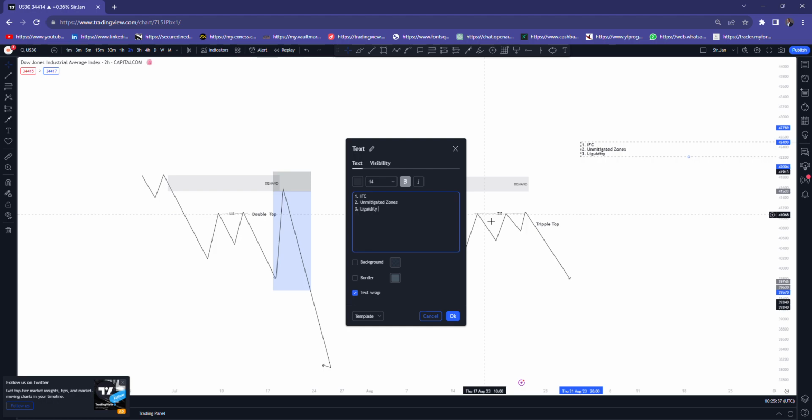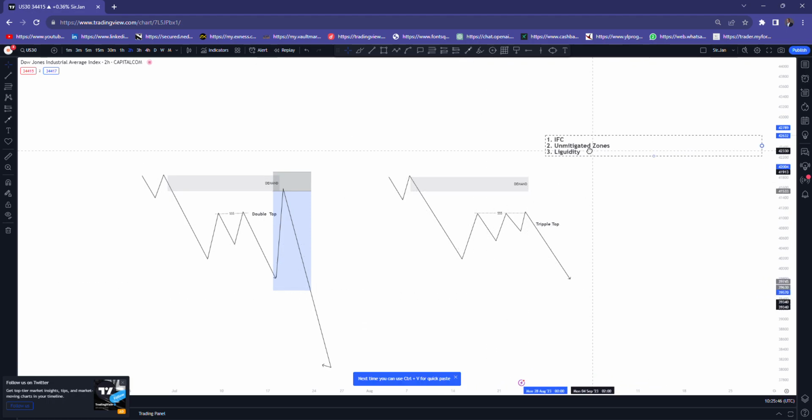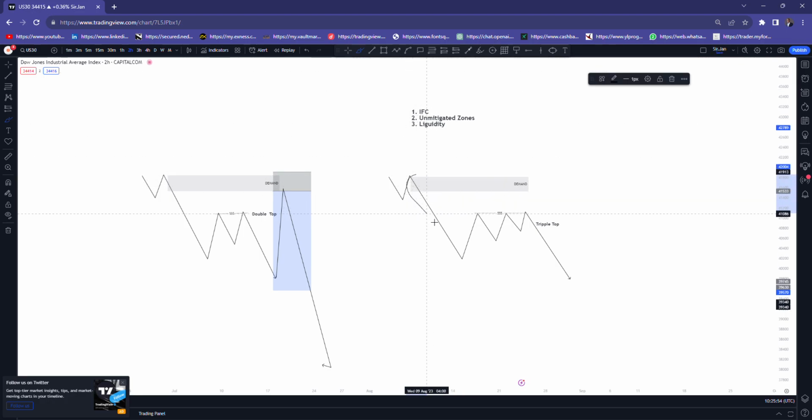So if these are the things that you will be looking into when you enter a trade, this entire area here, there's a high level of inefficiency that has happened here. This is liquidity now.